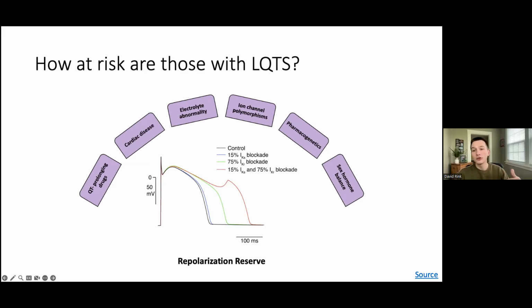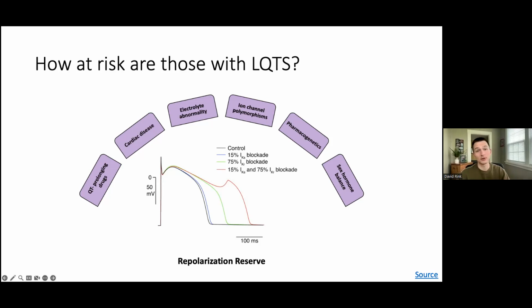When one determinant of repolarization is abnormal or inhibited, repolarization perhaps may remain normal or close to normal. However, when we start adding additional perturbations in repolarization, we then may end up with QT prolongation and increasing the risk of torsades.